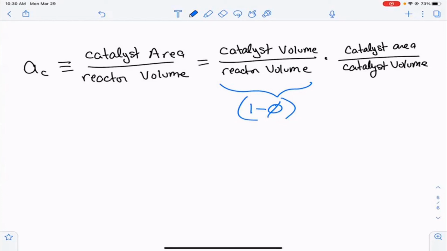Now, what about this second term here, the catalyst area divided by the catalyst volume? Well, this is just a shape factor of the catalyst itself. And you could think about this. We could have spheres, we could have cylinders, we could have unusual shaped pellets, right? So this is just simply related to the catalyst.